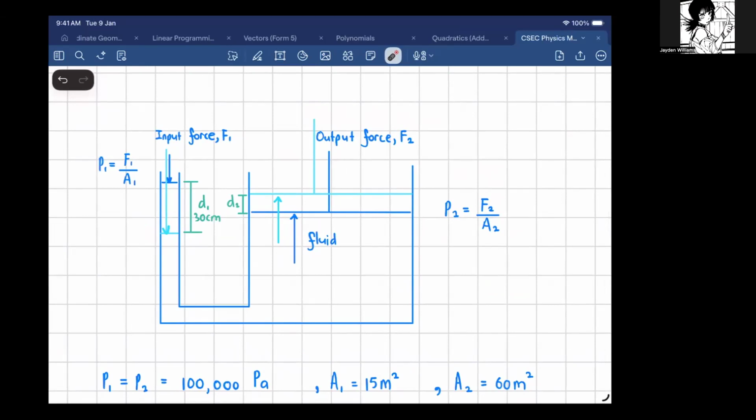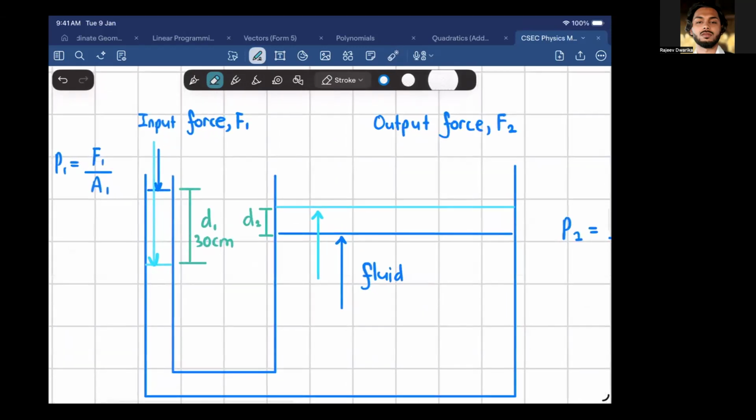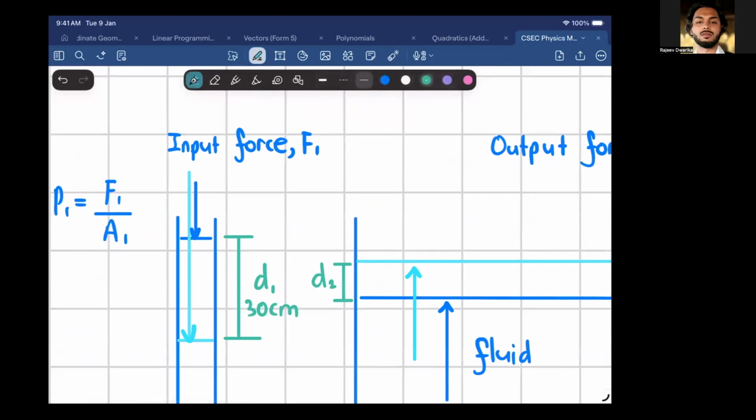So Jadon, you need to know that pressure is equal to force over area. That's the formula we're going to use. Let me fix up this diagram so that it will make more sense for you. You see the dark blue?